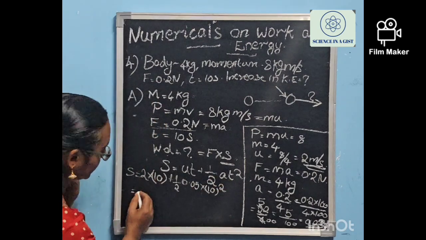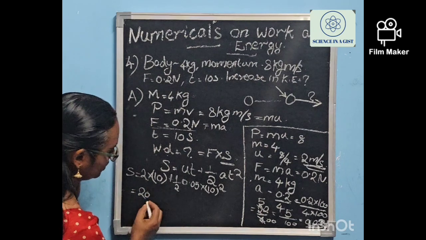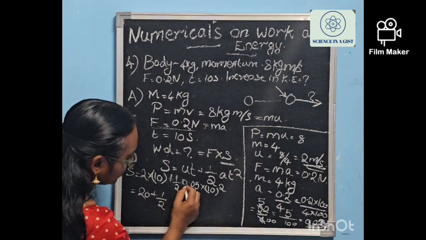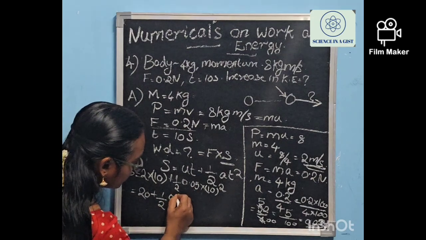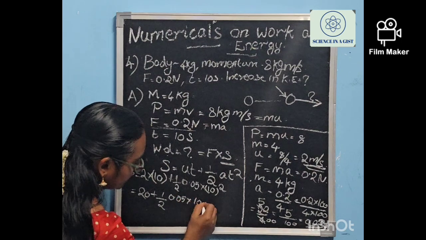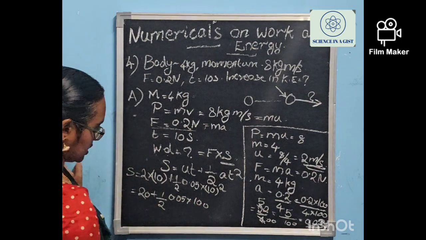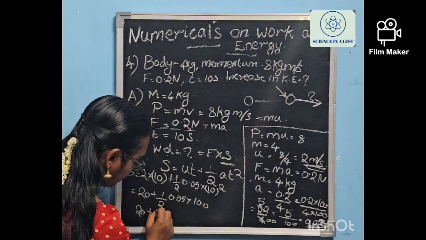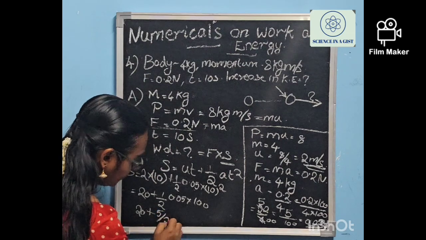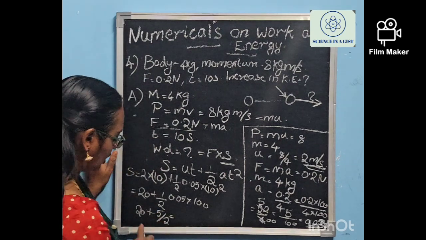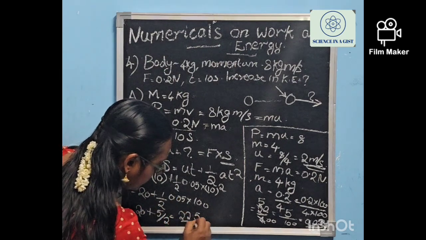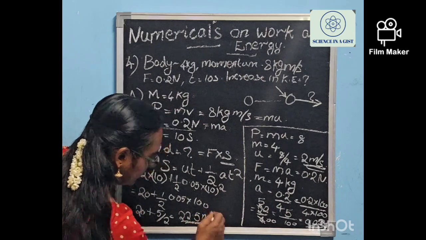Is equal to 2 into 10 is equal to 20, plus half into 0.05 into 100, isn't it? So the decimal place will go off. So 20 plus 5 by 2. What is 5 by 2? It's 2.5. 20 plus 2.5 is 22.5. It is in meter.